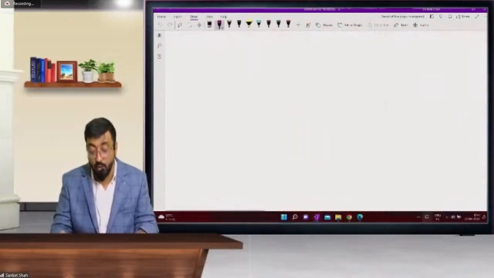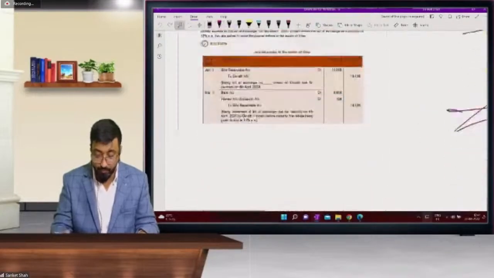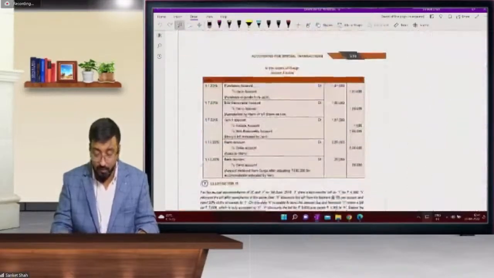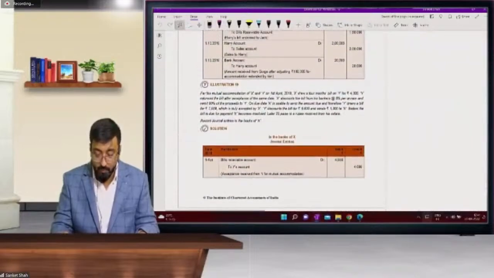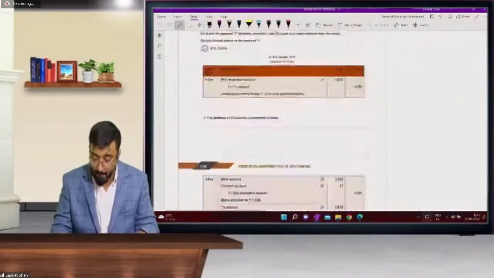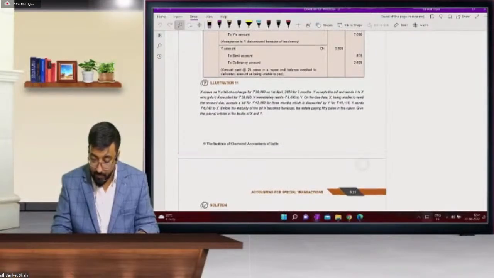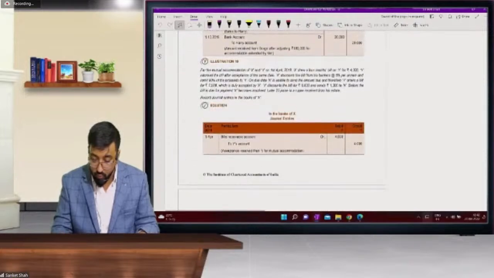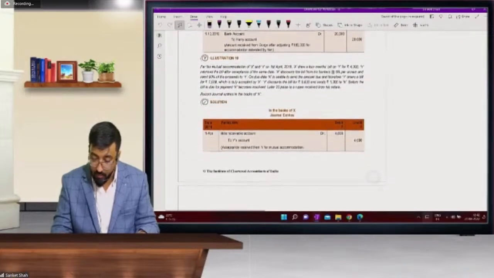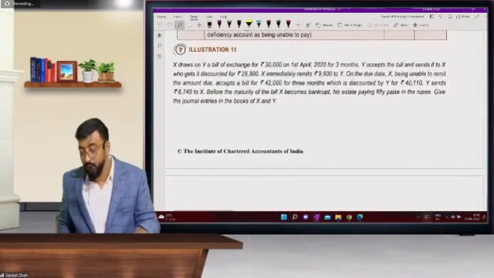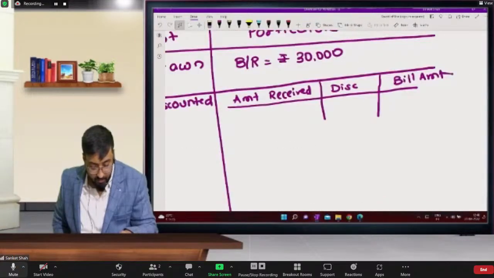Those who already solved that question will understand. The children are writing buffering.